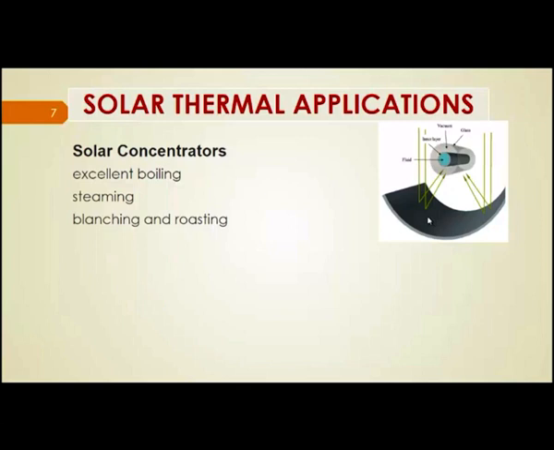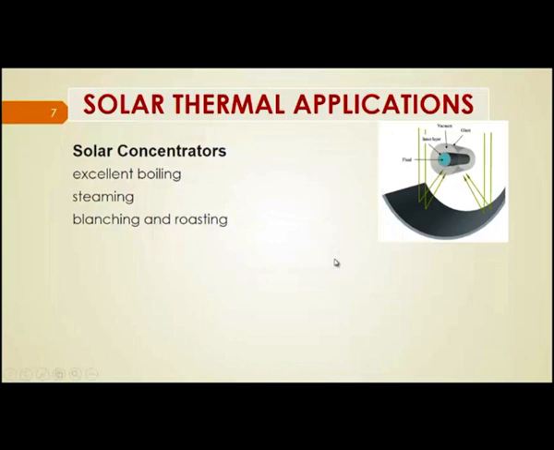Blanching is a process through which the liquid is heated to a very high temperature and again cooled to a lower temperature for different applications. Roasting is for roasting nuts or similar food items. Like this we can have different applications.